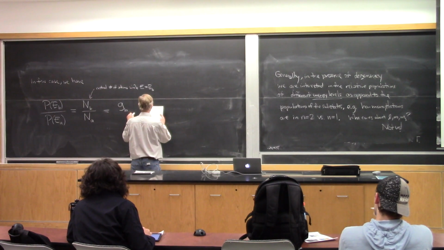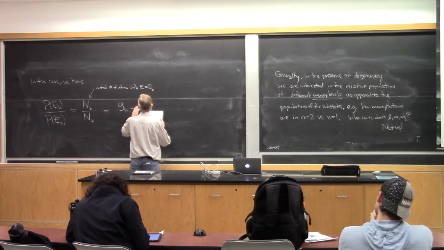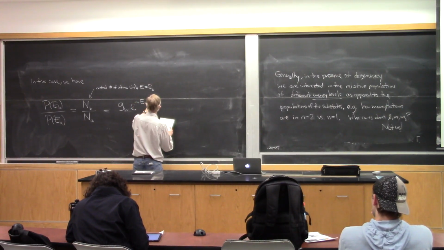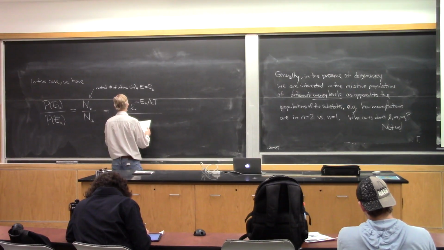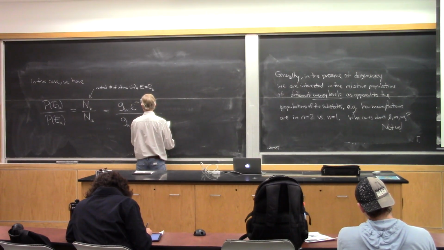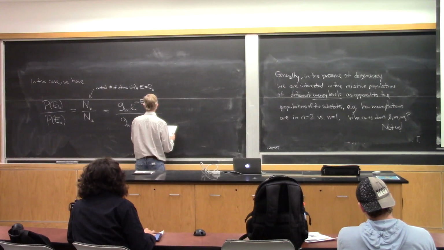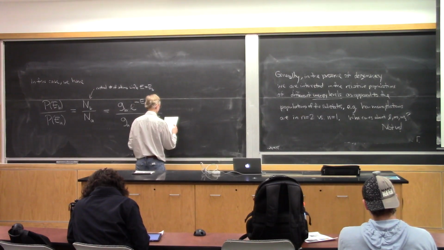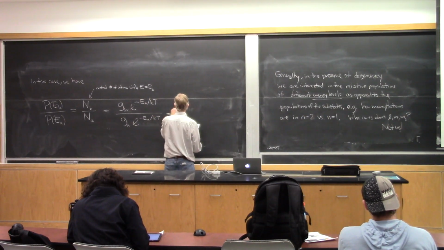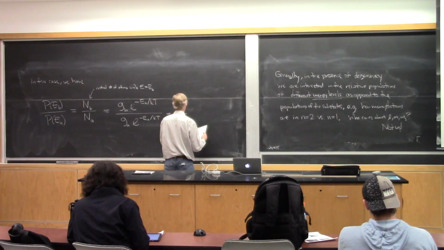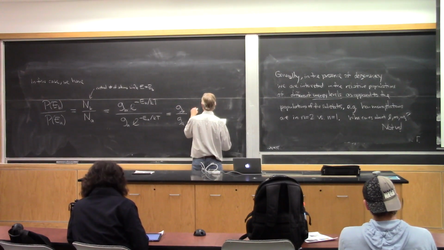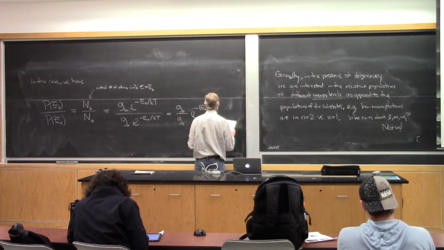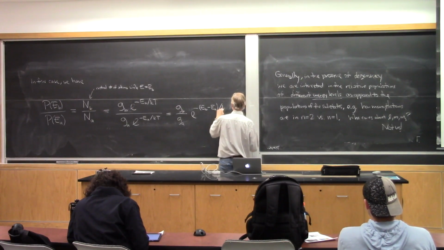The degeneracy for energy level E sub B times a Boltzmann factor, e to the minus EB over KT, divided by the degeneracy of level A, e to the minus EA over KT, or in other words, it's Gb over Ga times e to the minus energy level difference, delta E, the energy gap between the two states, over KT.